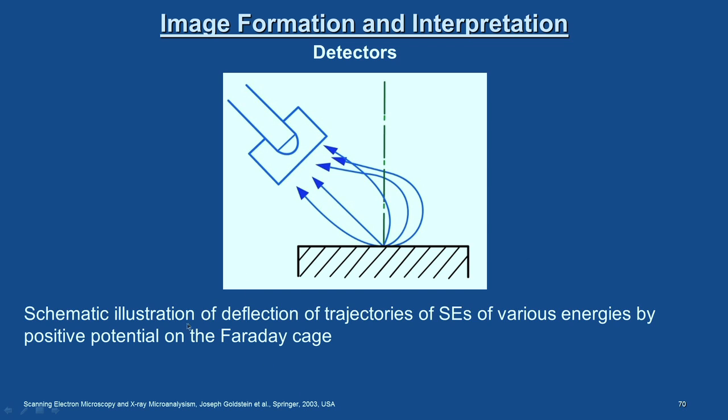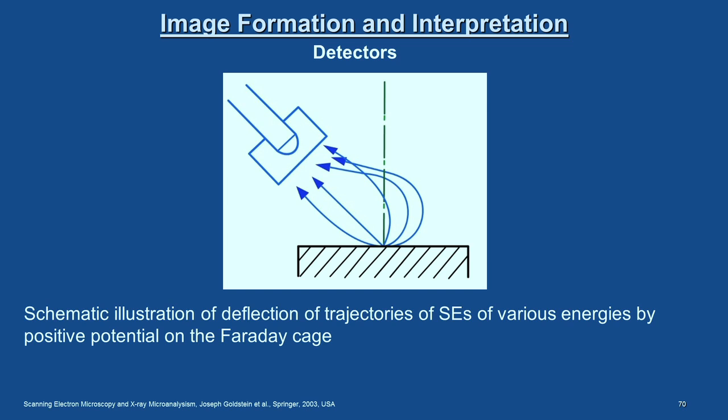And this is the schematic illustration of deflection trajectories of secondary electrons of various energies by a positive potential on the Faraday cage. You see, the ETD is capable of collecting both secondary electrons as well as backscattered electrons, depending upon how we energize or bias the detector.